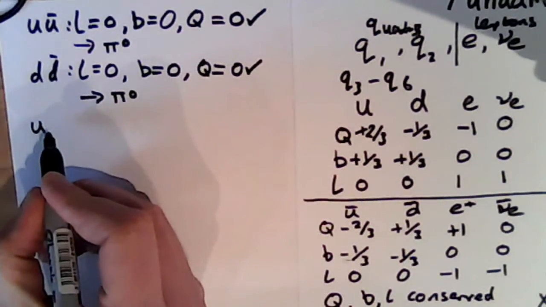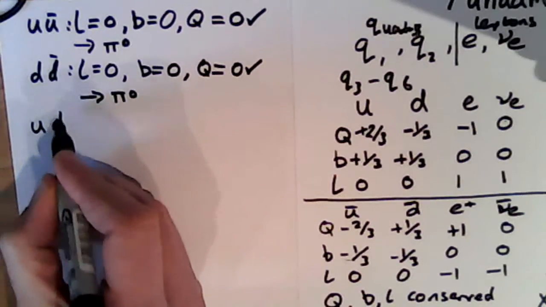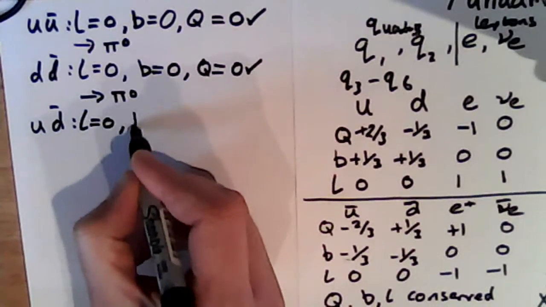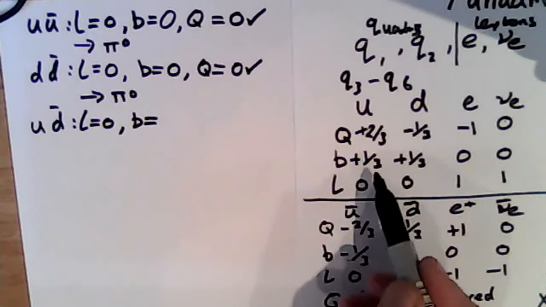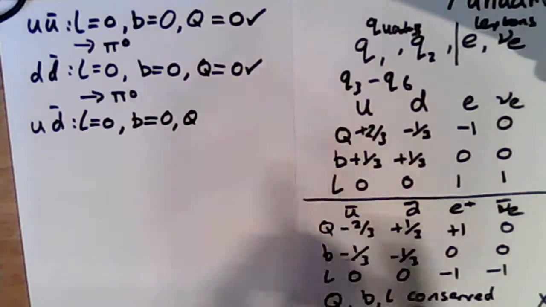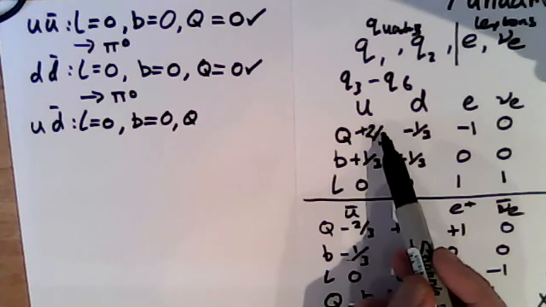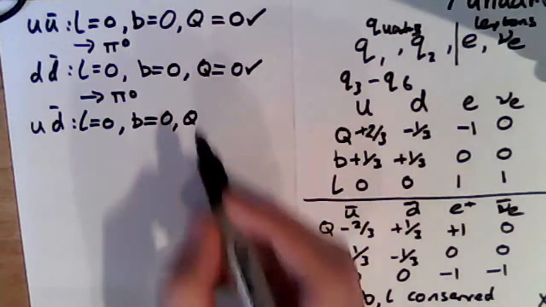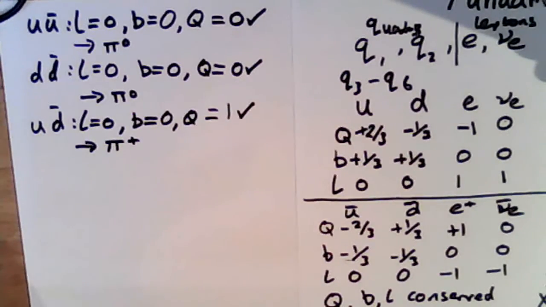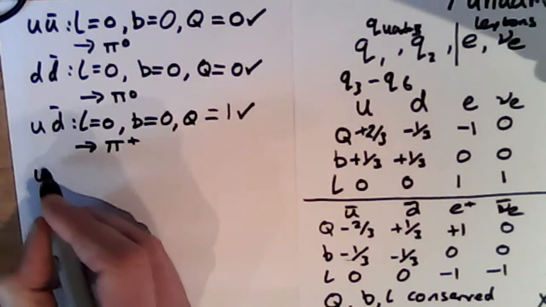Something that might be slightly more interesting could be an up anti-down, where we have a lepton number of 0, baryon number of plus a third and minus a third, 0, and for a charge now we have plus 2/3 plus 1/3 to give us a charge of 1, and that's allowed, and this is called a pi plus, or a positive pion.